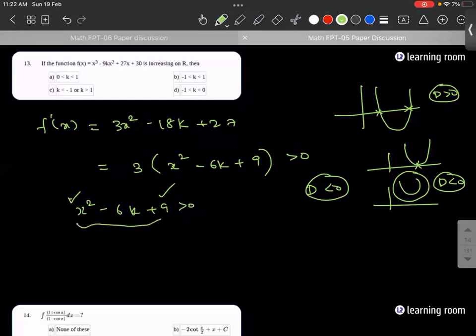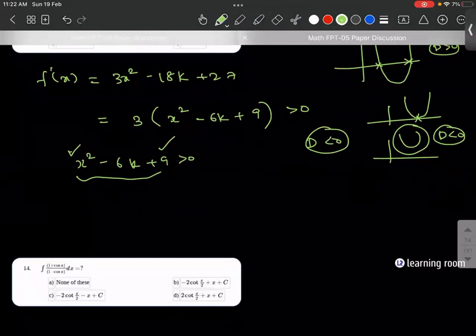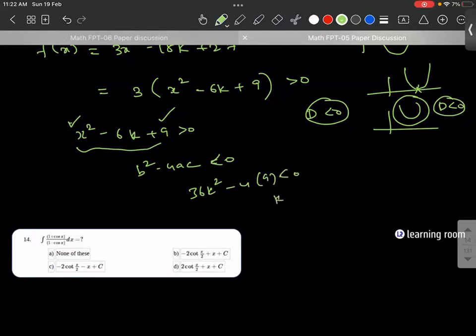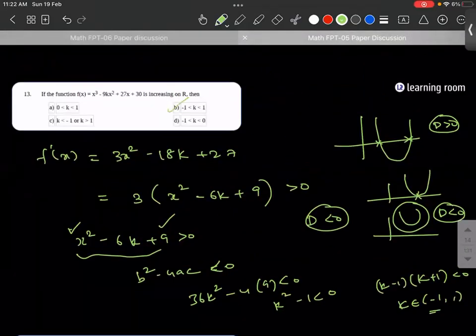And observe, x square minus 6kx plus 9 is a quadratic polynomial. So if that is greater than 0, it is never cutting the x-axis. If that is the case, then b square minus 4ac should be less than 0. b square is 36k square minus 4 into 9 should be less than 0. So k square minus 1 should be less than 0. So k minus 1 into k plus 1 should be less than 0. So k belongs to minus 1 to 1. Here is the answer.